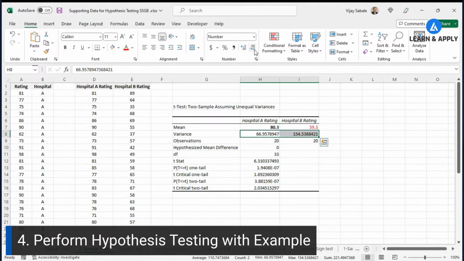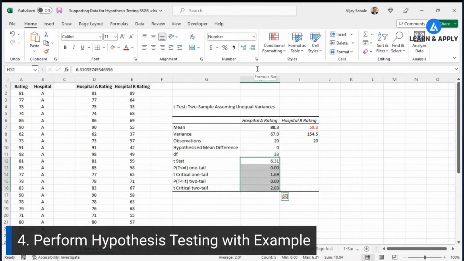Now let me make everything the same number of digits so that we can compare easily, right? Here it is. Now look at the variance. The variance for hospital A is 67, so we can say it's lower, but for hospital B it is 154. So we can also see the variance is very high.